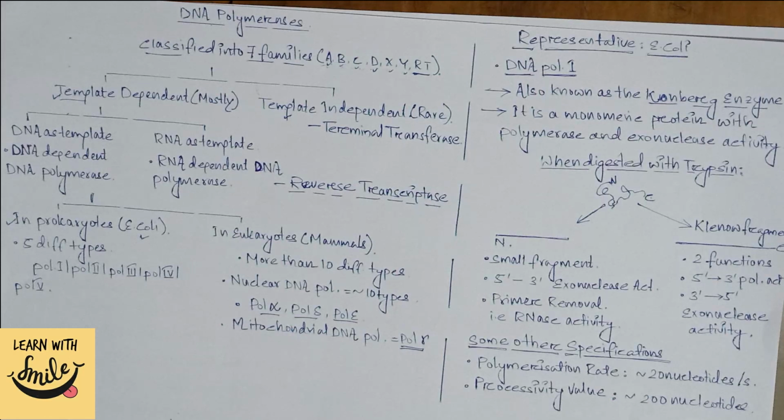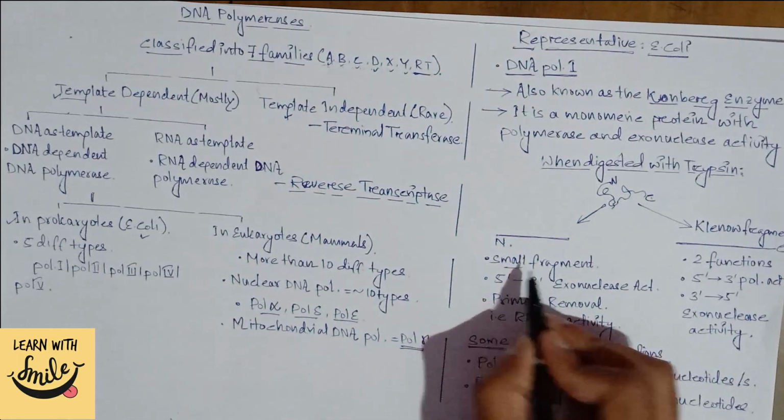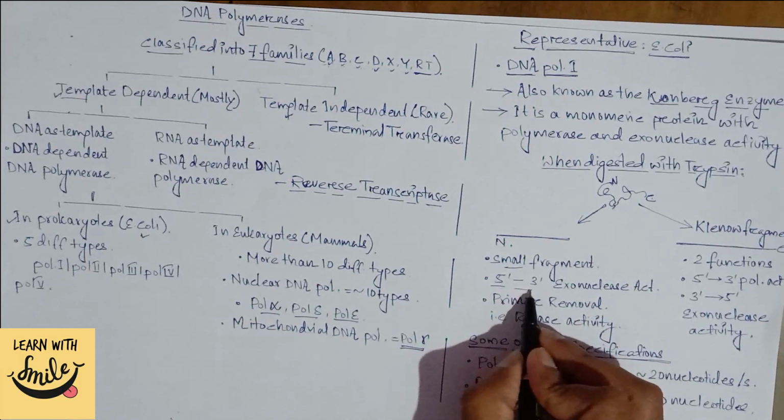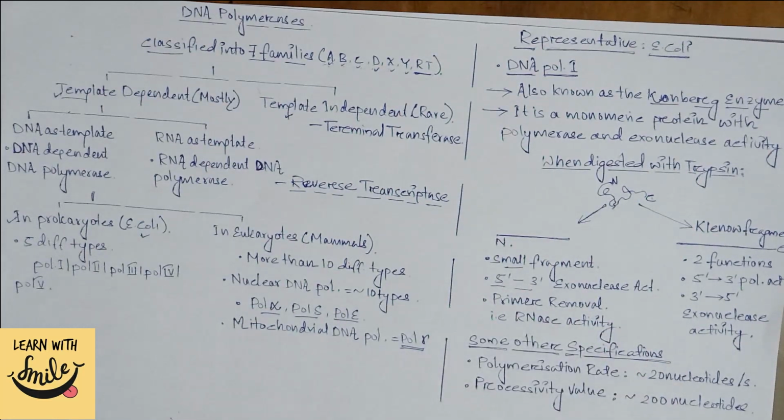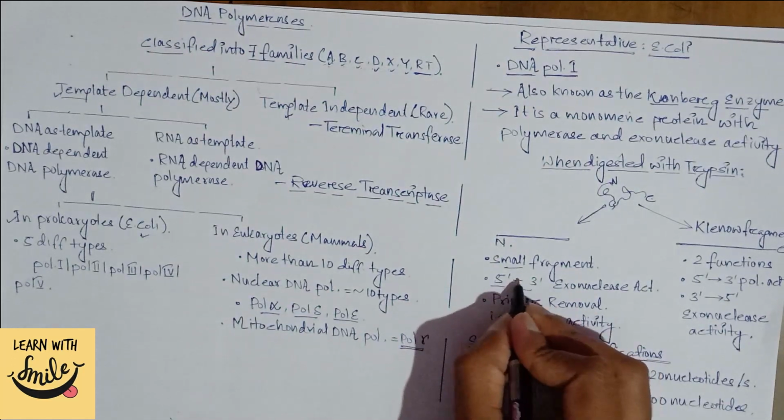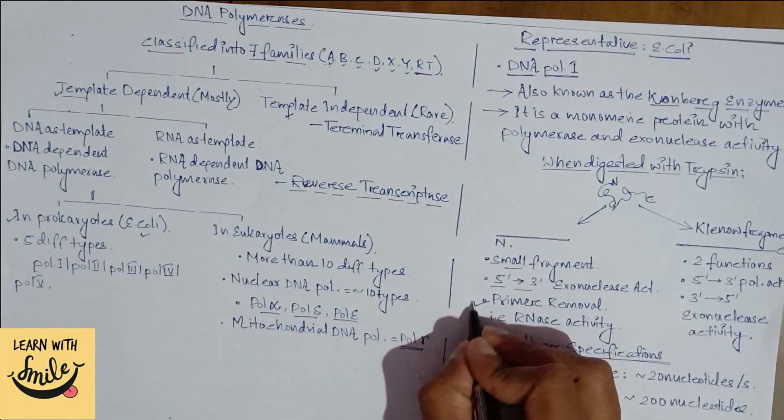Now, these two fragments perform two different activities. When observed, the smaller fragment performed 5' to 3' exonuclease activity. And do remember, whenever exonuclease activity is performed in the 5' to 3' direction, it is always for primer removal.